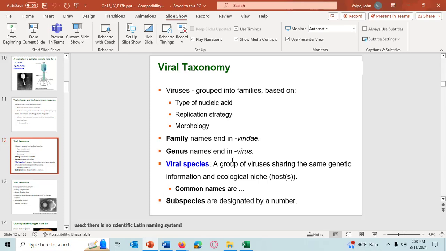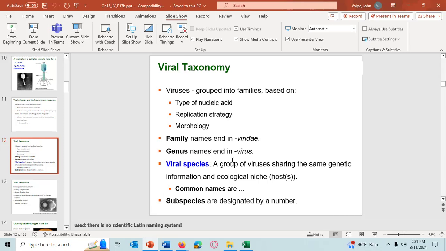The viral species will be a group of viruses sharing the same genetic information and an ecological niche. We use common English names. For a herpesvirus, we'll talk about herpes simplex virus. So that would be the species.